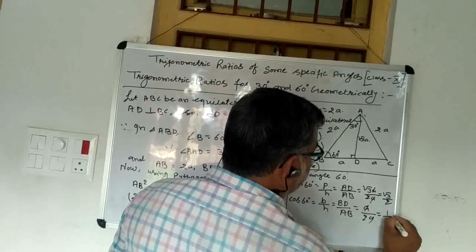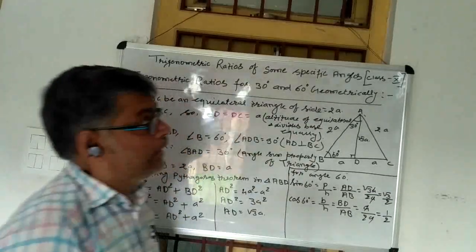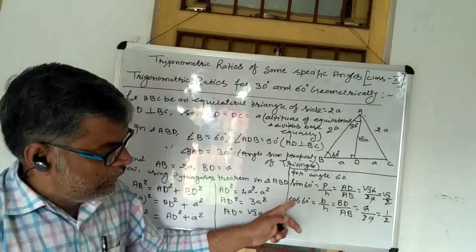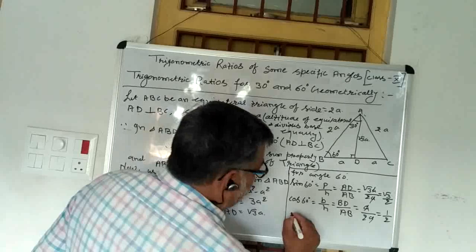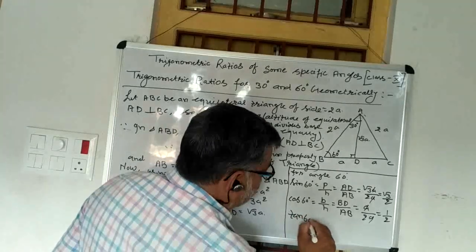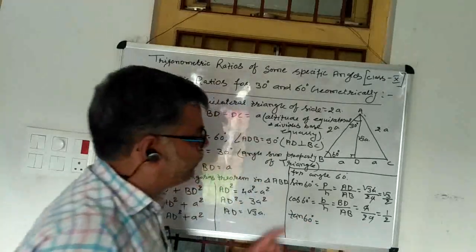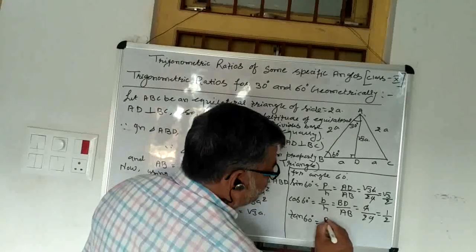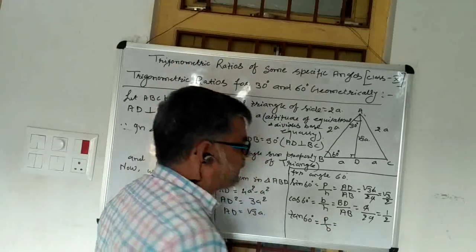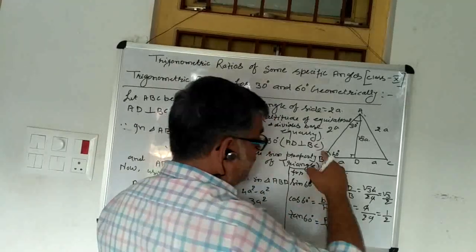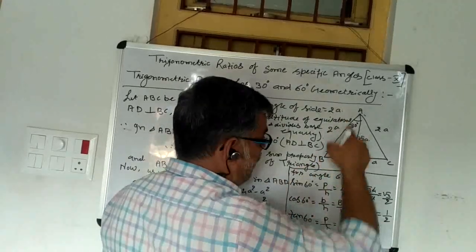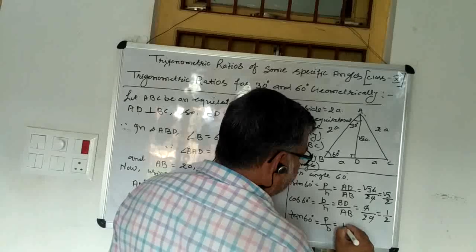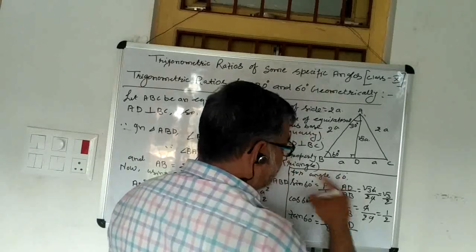The a will get cancelled, that is 1 by 2 is the value of cos 60 degree. Similarly, tan 60 degree will be equal to P by B, that is perpendicular by base, and for this angle, 60 degree, our perpendicular is AD and base is BD.